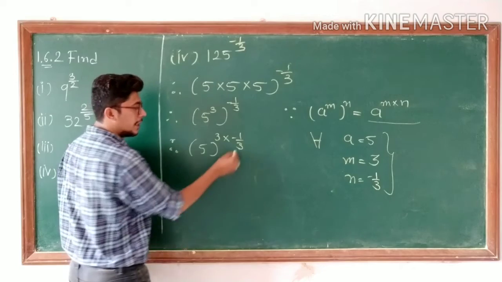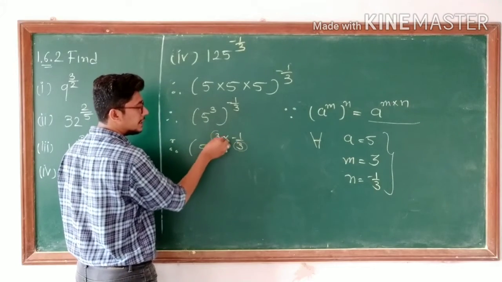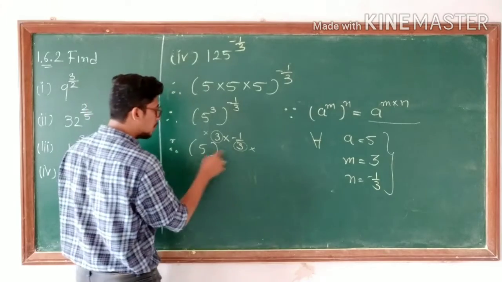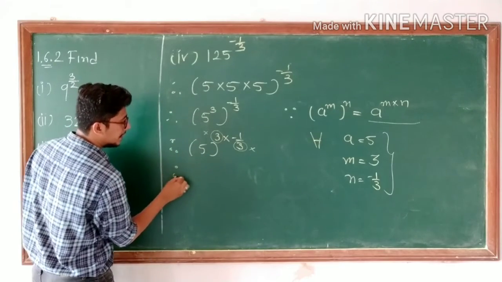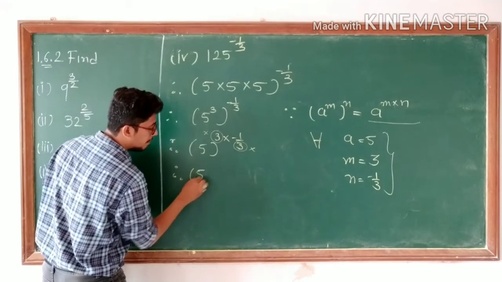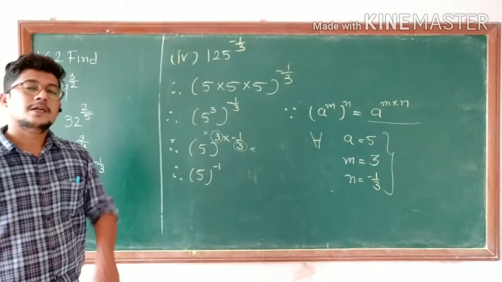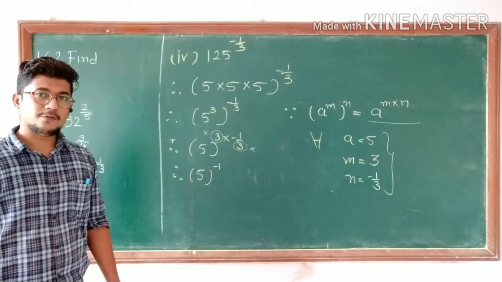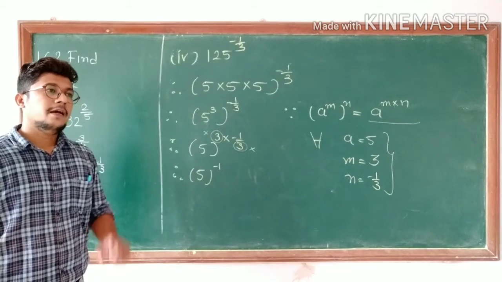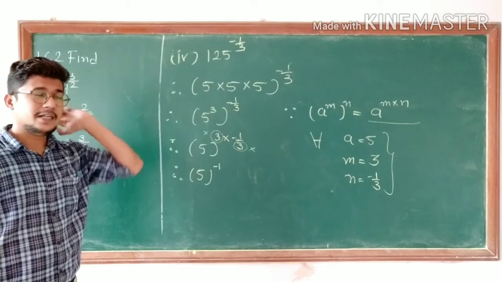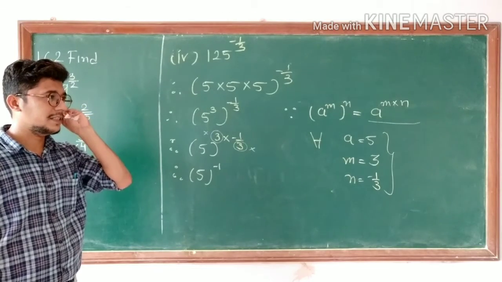Yes or no? Denominator is 3, numerator is 3. Since they are the same, they can be cancelled out. Now what have we remained with? We have remained with 5 power of minus 1. Now, in 8th standard you have learnt additive inverse and inverse.